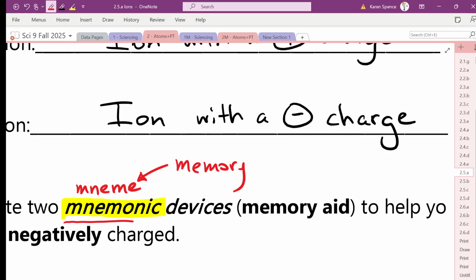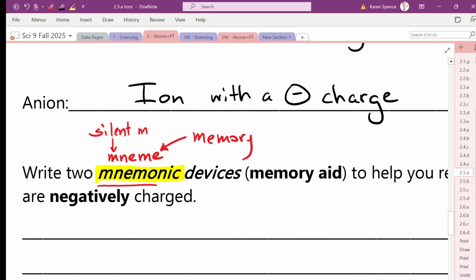And I'm teaching you that word because I tend to say mnemonic device, and I don't want you to be like, what the heck is she talking about? Okay, mnemonic, and it's got a silent M. Isn't that fun? Although maybe in the original Greek it's like mnemonic, and the little M is just there a little bit.